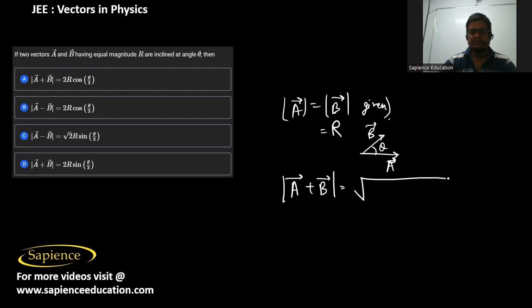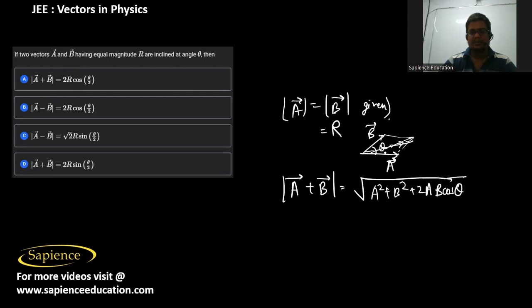As you know, if we apply the parallelogram law, the magnitude of the resultant is given as the square root of A square plus B square plus 2AB cos theta.